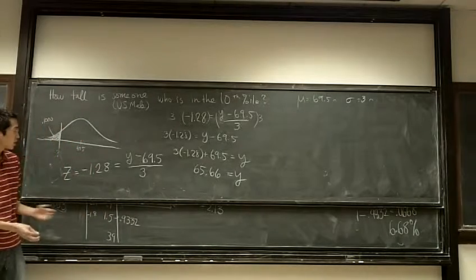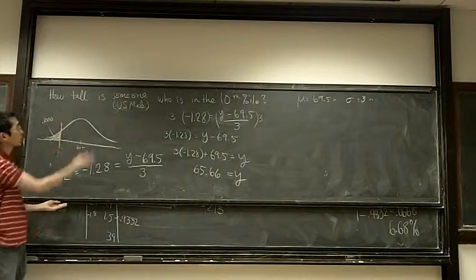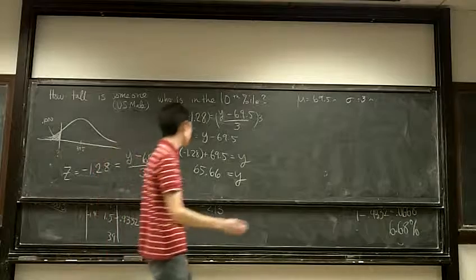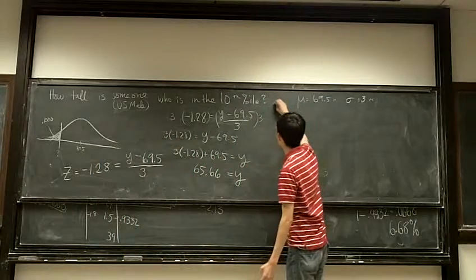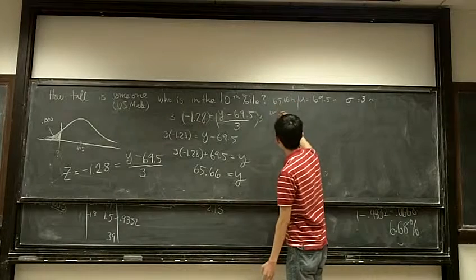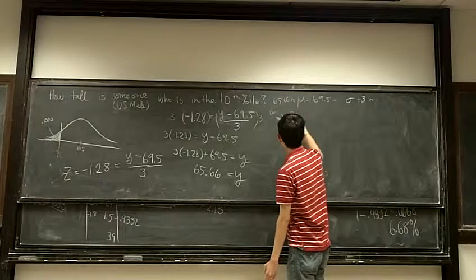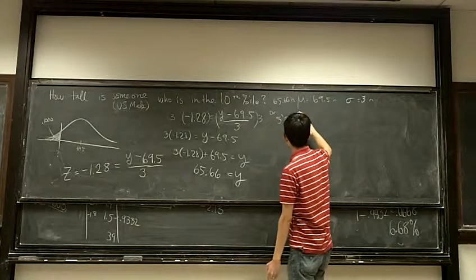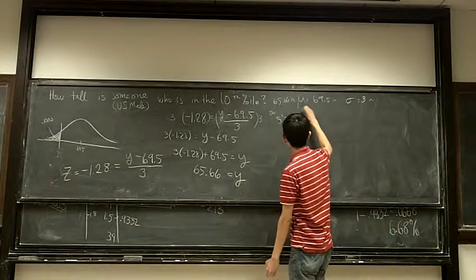Okay, and so here we can now answer the question: how tall is someone who is in the 10th percentile? That person is going to be 65.66 inches, or 5 foot 5.6 inches, or about 6 inches. Okay.